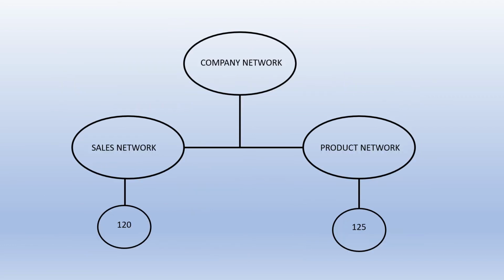Let's take an example of a company which has 2 departments, namely sales and product, and they require separate networks to function within the same company network. Furthermore, the sales network requires 120 host addresses and the product network requires 125 host addresses.